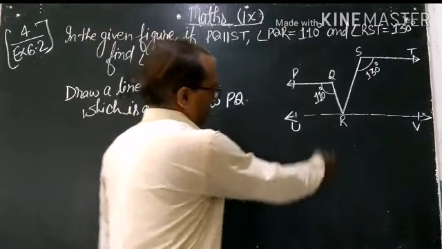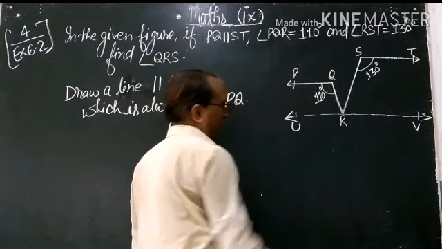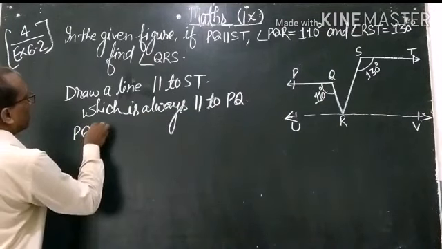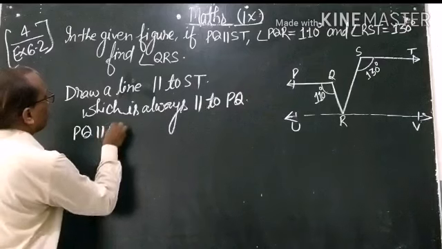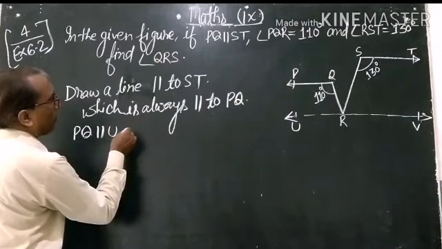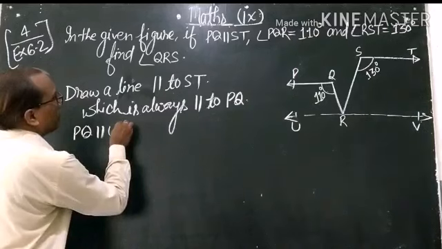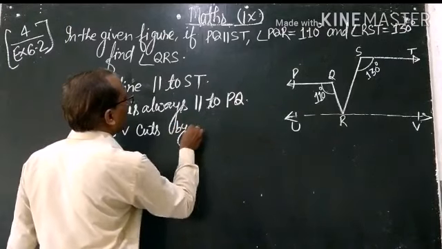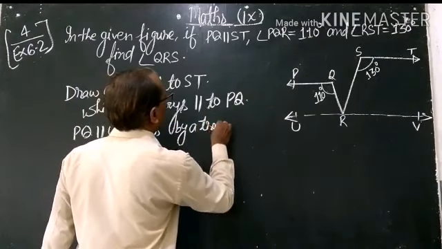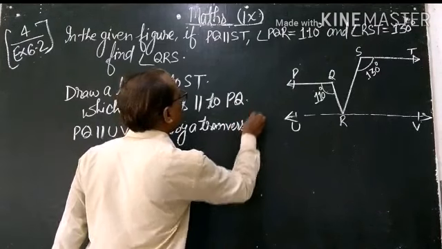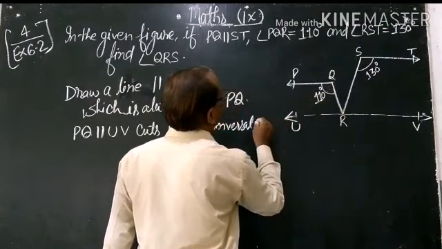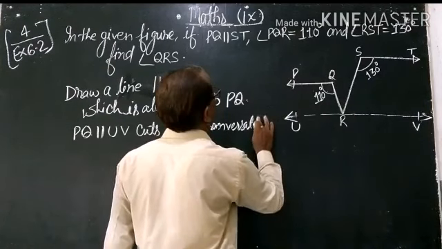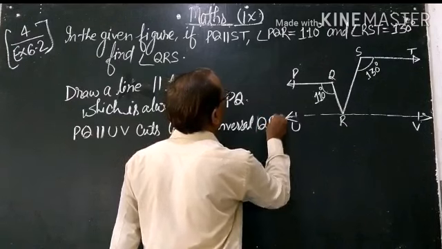Then from this figure, PQ parallel to UR, PQ parallel to UV is cut by a transversal RQ, thus cut by a transversal QR.